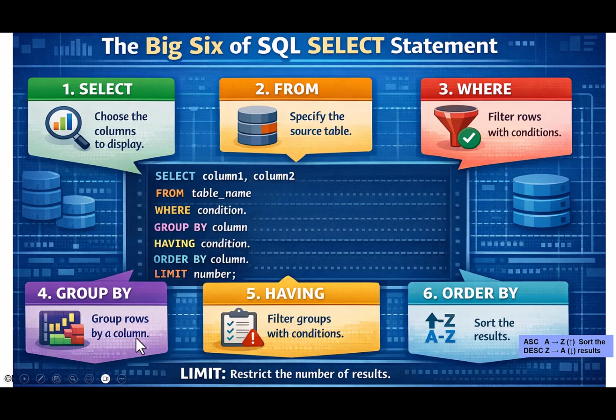And by the way, GROUP BY typically works with aggregate functions together, which we will also talk about. And ORDER BY is sorting from A to Z or Z to A. And LIMIT restricts the number of rows to be returned, which is pretty straightforward. We don't use LIMIT that much, but sometimes we do need to use it.